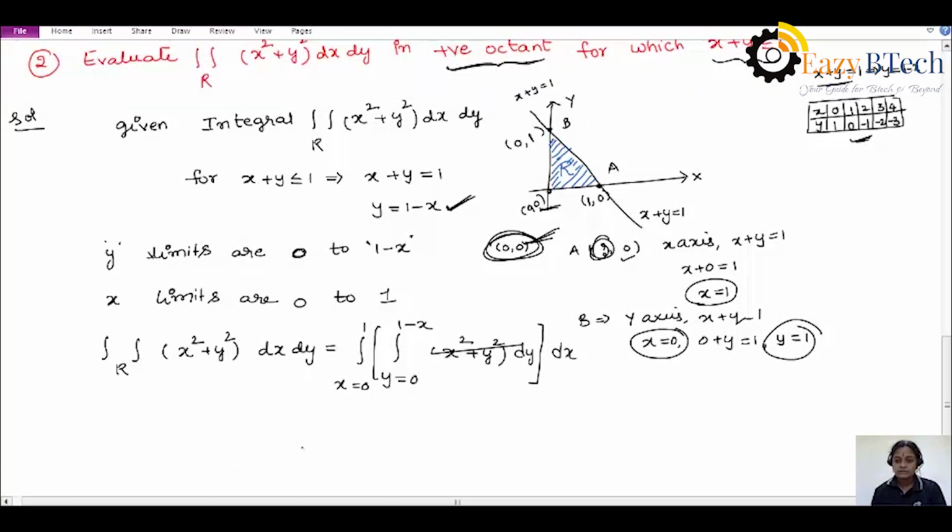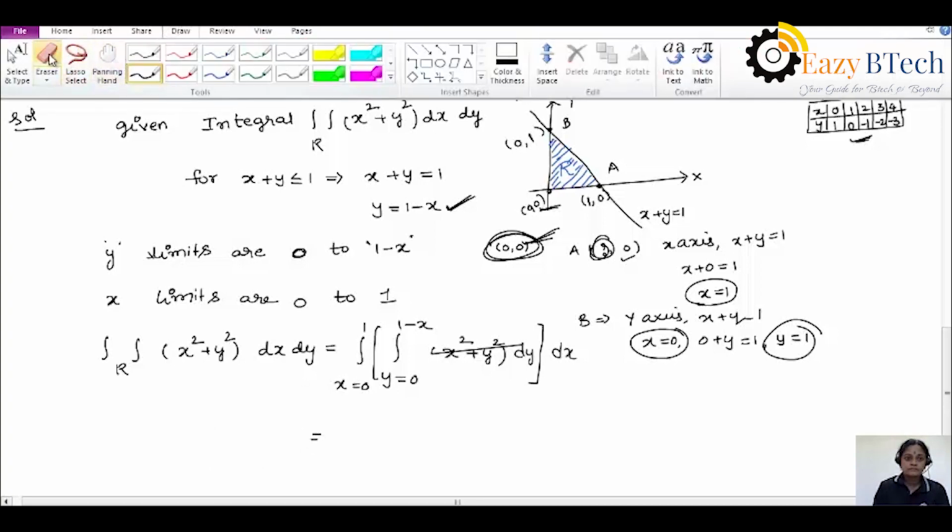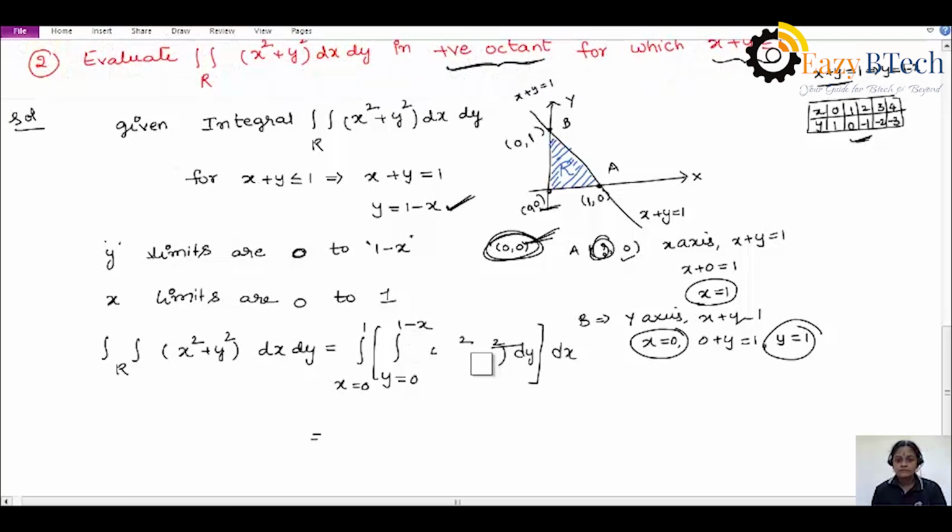Okay, so now I am doing the integration. The function is x square plus y square, and then dy. Integral x is equal to 0 to 1. Students, here x square is common.